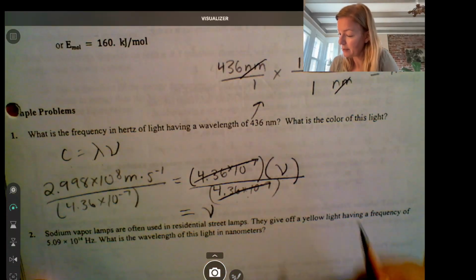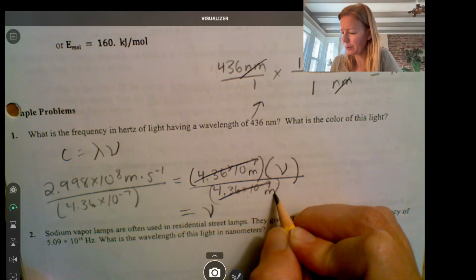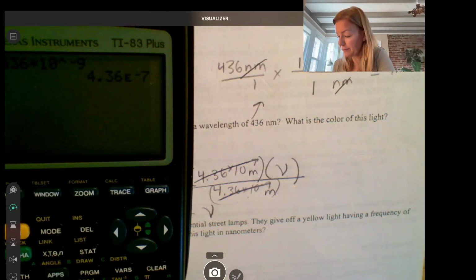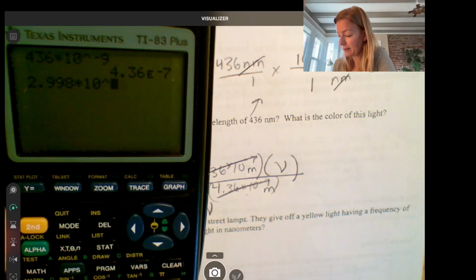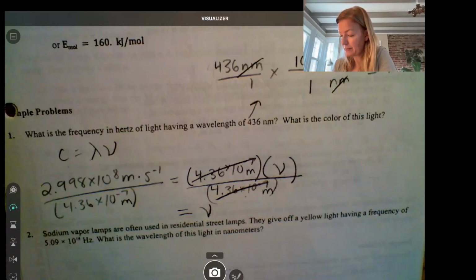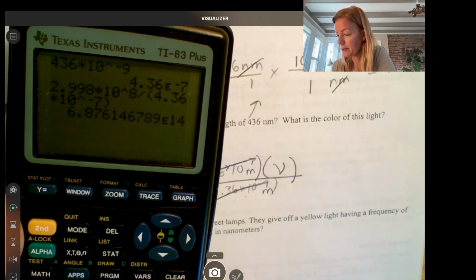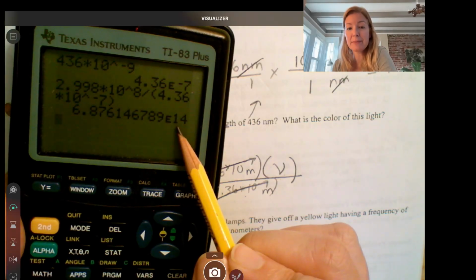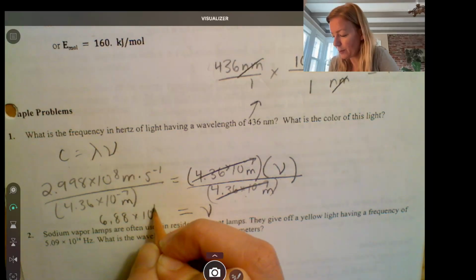On the other side, 2.998 times 10 to the 8th divided by 4.36 times 10 to the -7th. And you get, I'm going to round that to 6.88. Don't forget this part, times 10 to the 14th. Okay, 6.88 times 10 to the 14th.